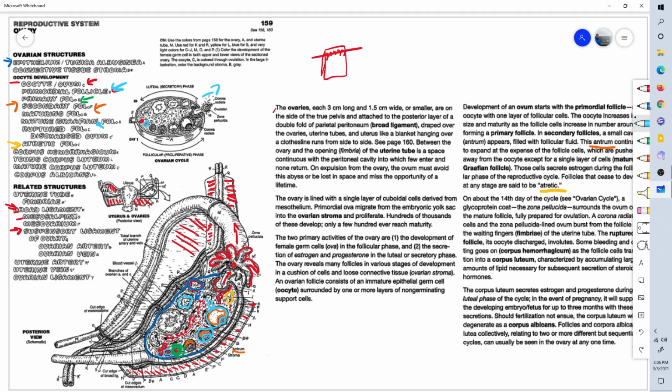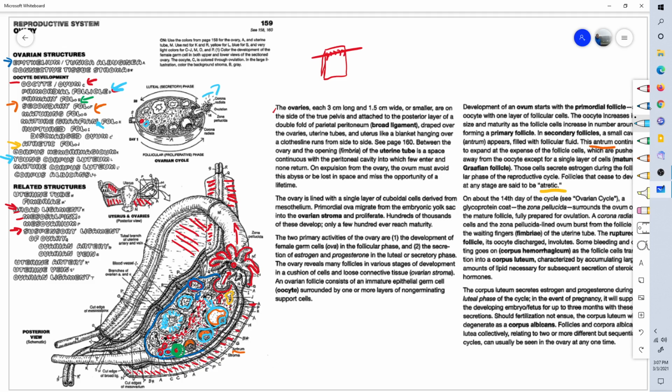And this becomes important because it matures, and it winds up secreting very important hormones, estrogen and progesterone, in order to support the fertilization of the egg cell.